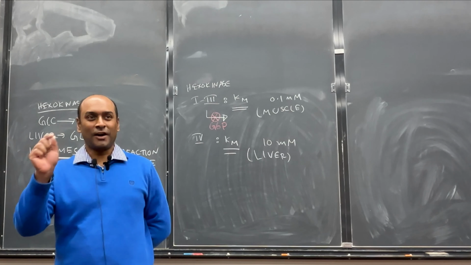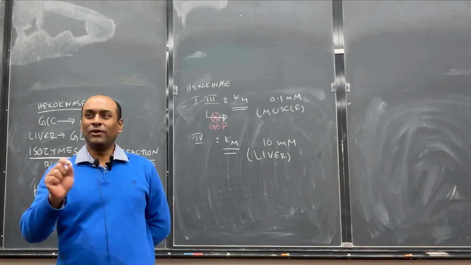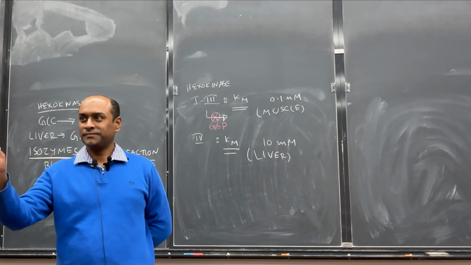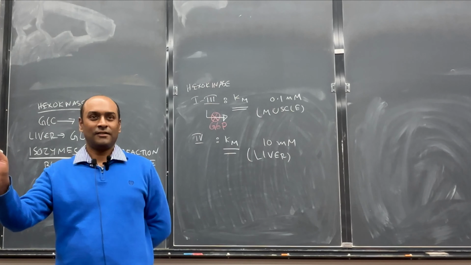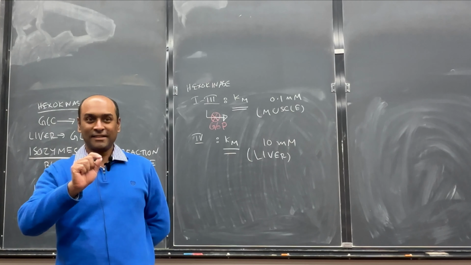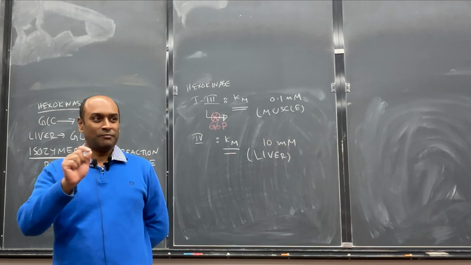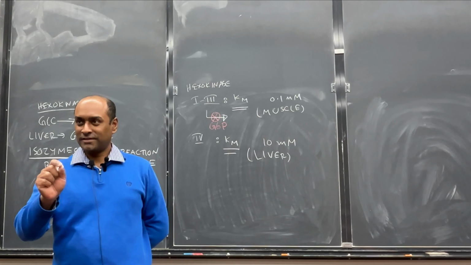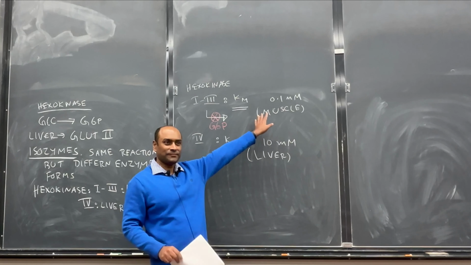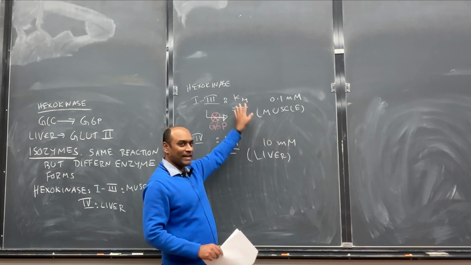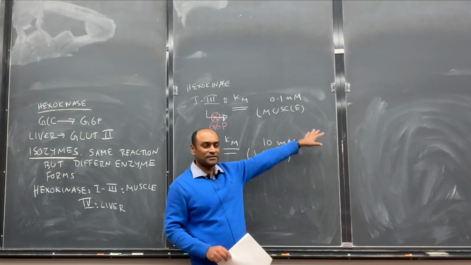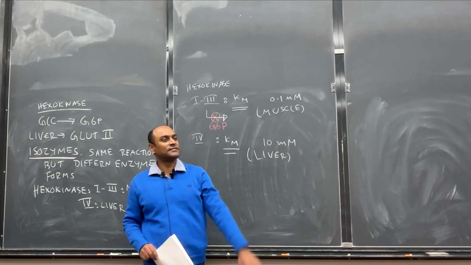So if you have a small amount of glucose, it will go to muscle first. Glycolysis, remember, is also happening in the liver, but muscle needs to do glycolysis first. Glucose will go to the muscle, and hexokinase 1 through 3 will trap it, make G6P, do glycolysis.